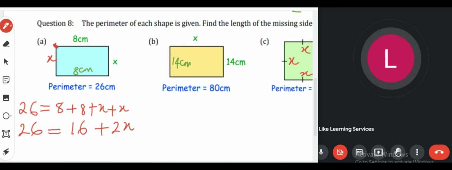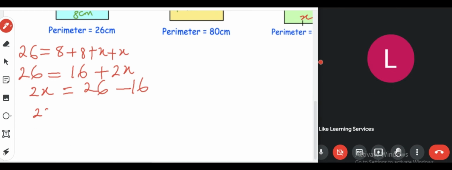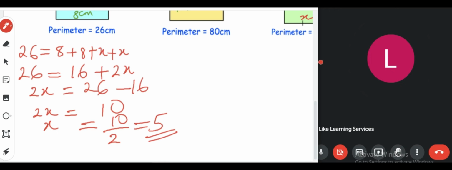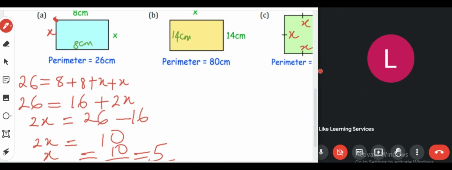That now forms an equation. 2x will be equal to 26 minus 16, or 2x equals 10, giving x equals 10 over 2, which is equal to 5. That's the same way the rest can be simplified.